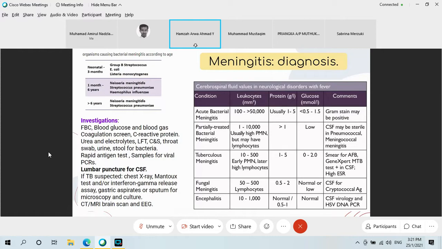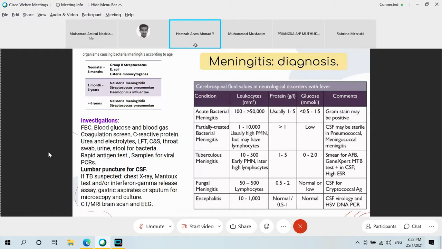The unit used here for leukocytes is cells per cubic millimeter. The normal range is 5,000 to 10,000 per cubic millimeter. Here it states that it ranges from 100 to more than 50,000.